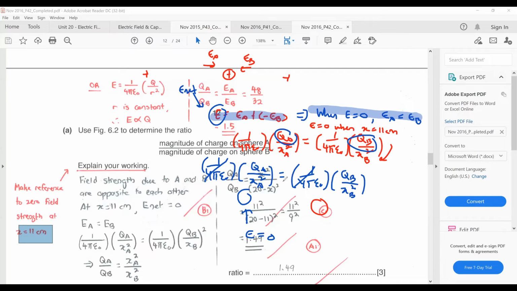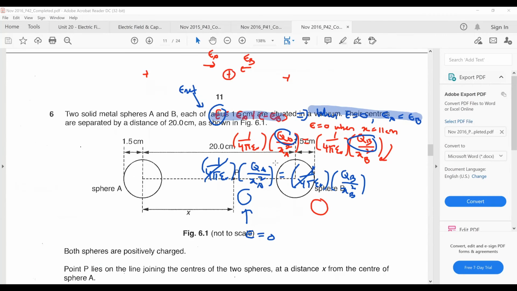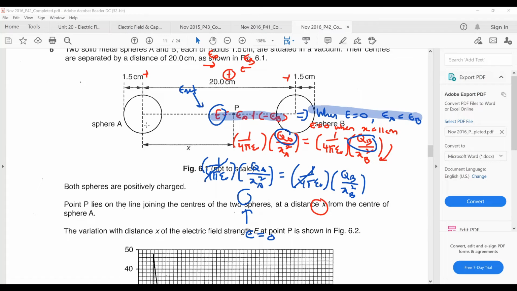Yeah, this one here, you actually have to do something else to it. Your distance x here is not XA, XB, not strictly speaking. Your x here is measured from the center of your sphere A. XA can be said as being equal to x.